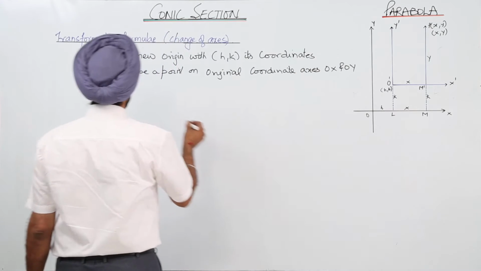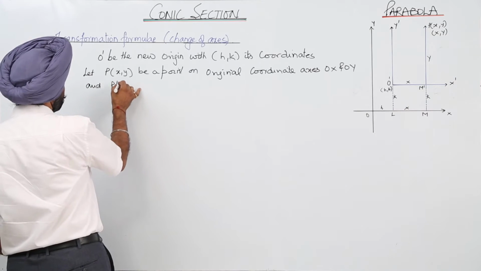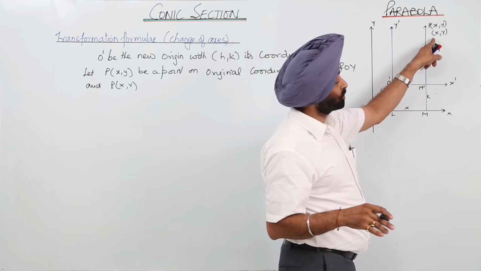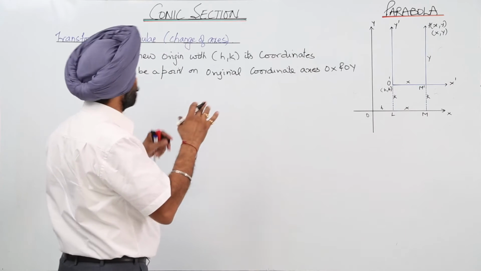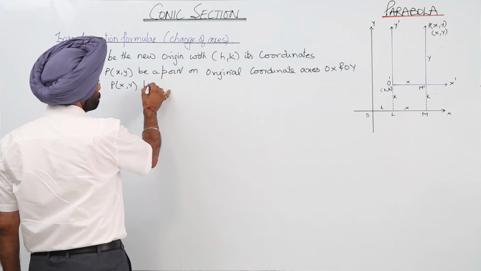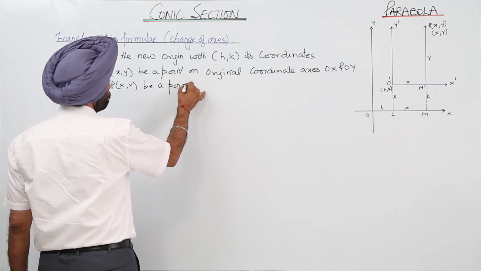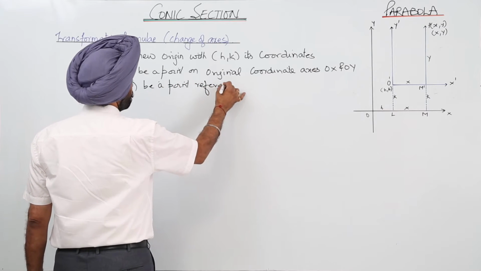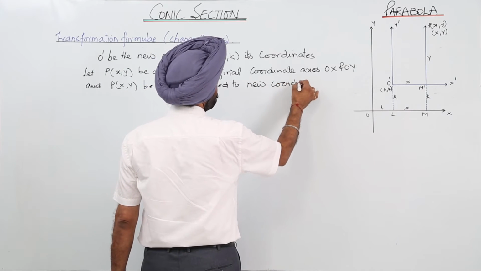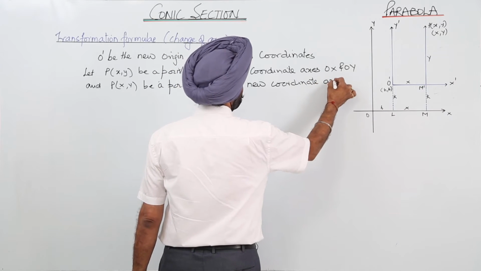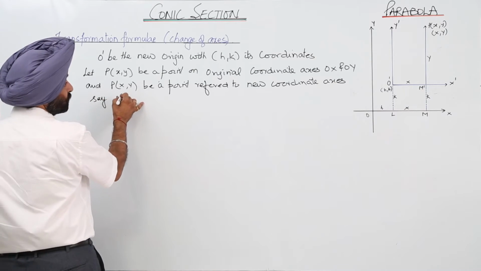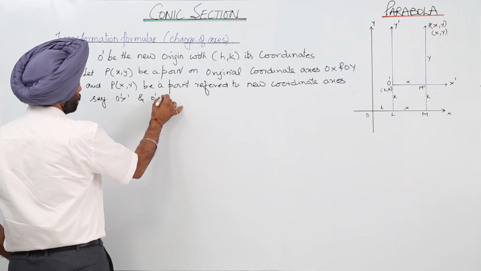The same point I have written as P x y, and below as capital X comma capital Y. So P with x comma y in capital letters is a point referred to the new coordinate axes O dash X dash and O dash Y dash.